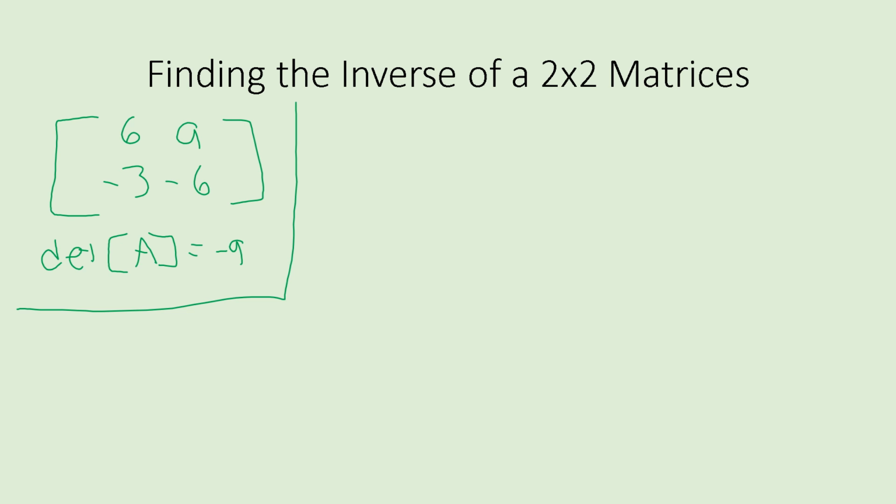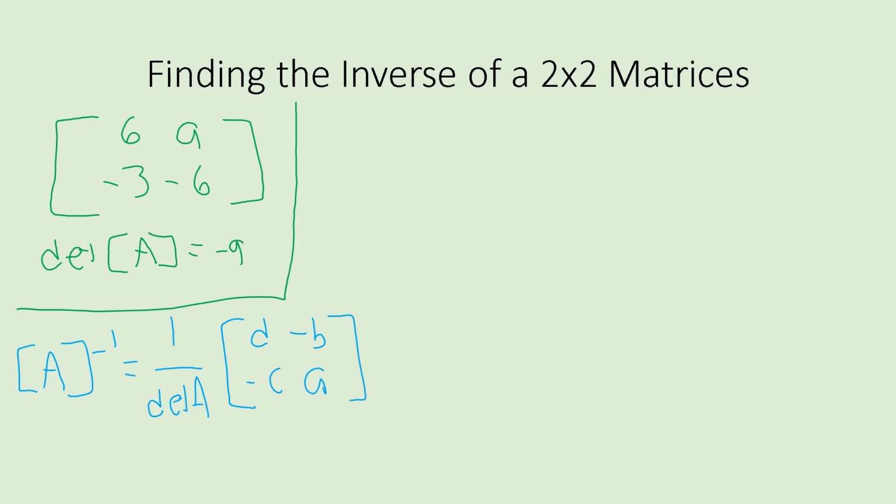In order to find the inverse of a 2 by 2 matrix, you're going to do 1 over the determinant, and you're going to multiply that by the matrix d, -b, -c, a. And notice in the last problem when we did this kind of formula problem, we switched around the a and the d here, and we made the b and the c negative. So it's important to recognize the relationship between the two.